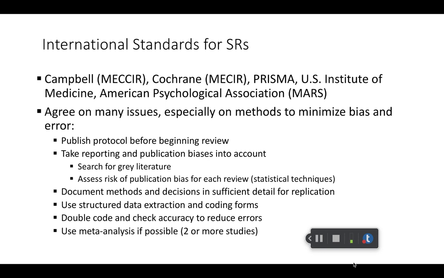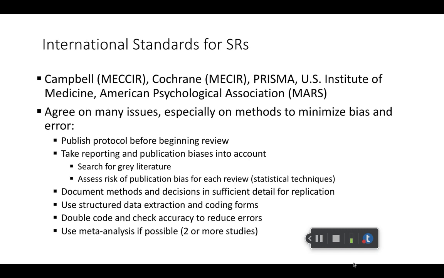The good news is that these independent groups agree on many issues, especially on methods to minimize bias and error in research reviews. They all agree that systematic reviews should be conducted, that they should publish a protocol, that is, detailed plans for a review before beginning the review. They must take reporting and publication biases into account by searching for gray literature to get unpublished studies, and by assessing the risk of publication bias in each review using statistical techniques to do that.